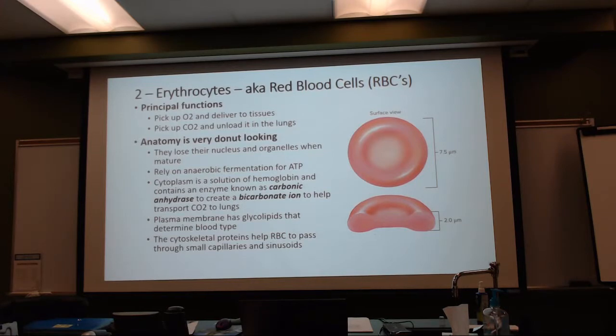And so we left off talking about how these cells are produced. We looked at having the stem cell giving rise to colonies, which are going to give rise to the different cells.